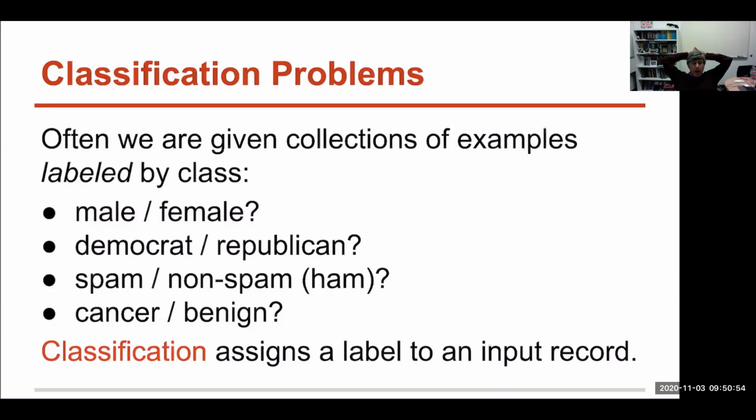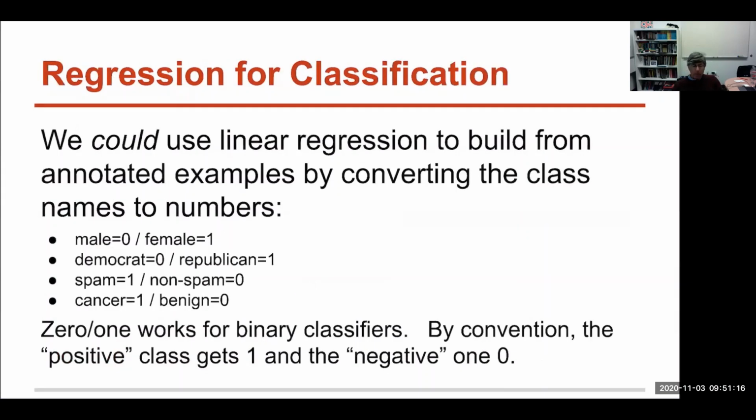Typically, these are binary. In the most vanilla version, these are binary classification problems. The classification problem is you are given an input record, a set of features, and you want to know what label it is. And my claim, first of all, is that we could use linear regression to build classifiers by converting class labels to numbers.